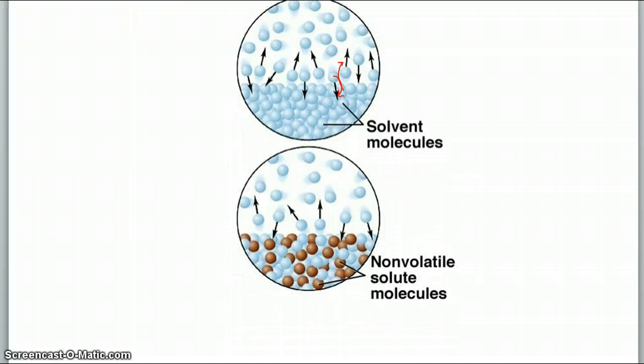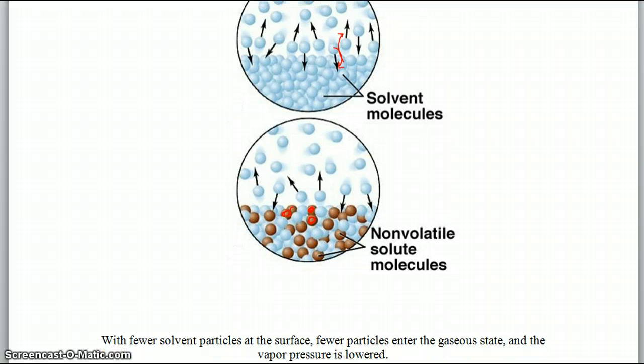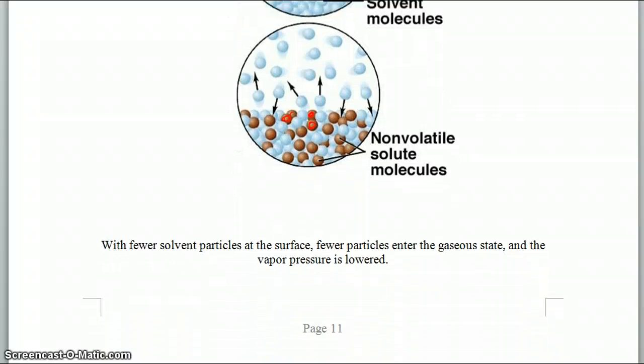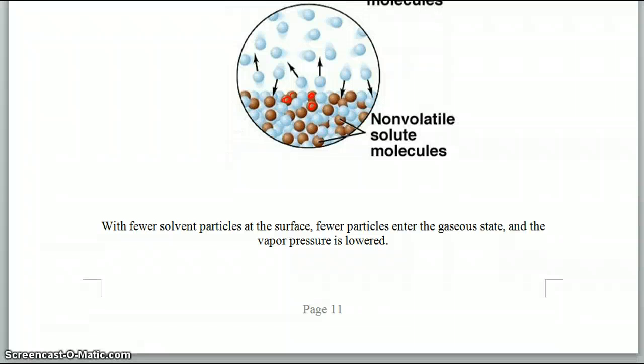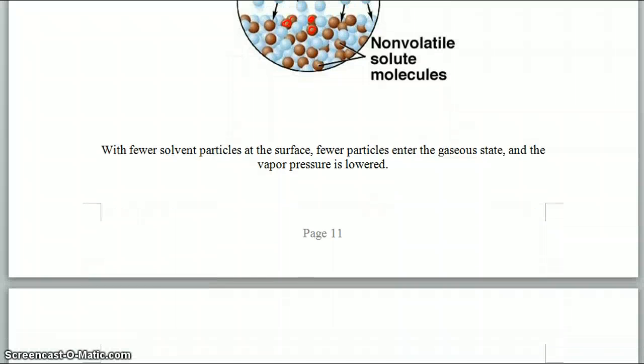So while that's happening for a solvent, the same thing can happen for a solution that has a non-volatile solute in it, but the difference here is that you have these solute particles that are taking up some of the surface, and so it's going to make it much harder for these solvent particles to escape into becoming a gas. Okay, so you can think of those solute particles as essentially barricading the solvent particles. It makes them more difficult to become a gas, and so therefore your vapor pressure is going to be lower because you have less gas when you've added a solute.